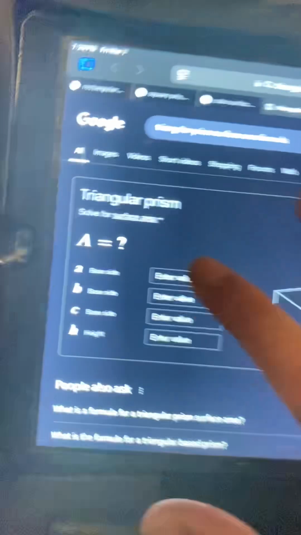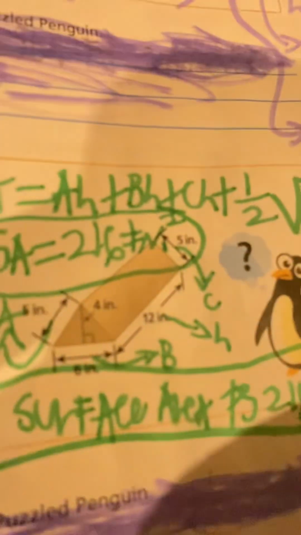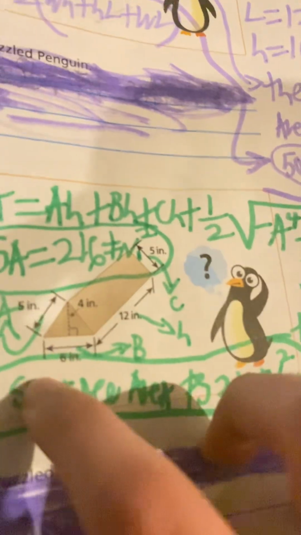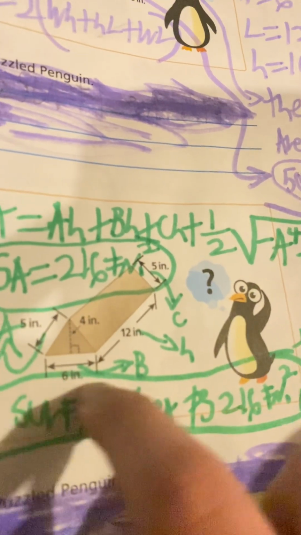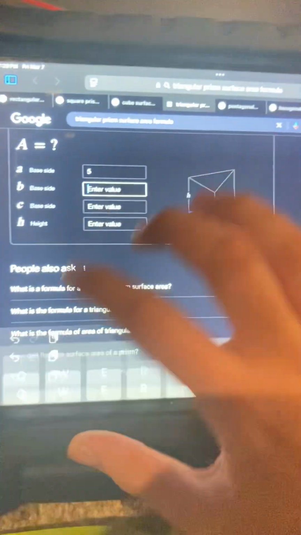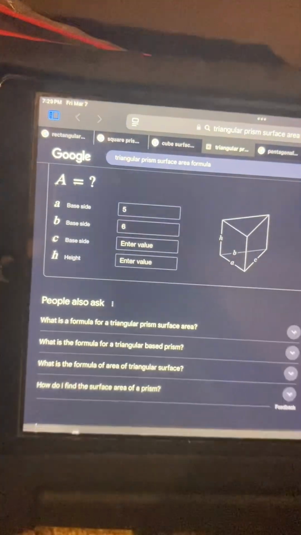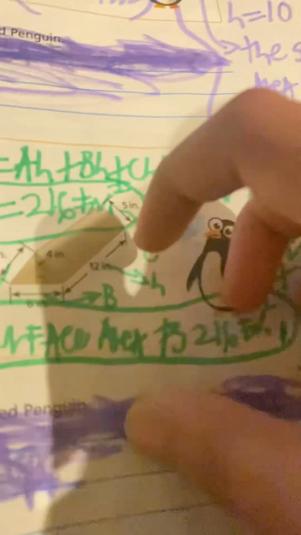Side A is 5 inches, so let's put 5 for base side A. Then, base side B, which is this line, is 6 inches long. So, let's put 6 over here. And then, side C could be thought of as side A, but its reflection.